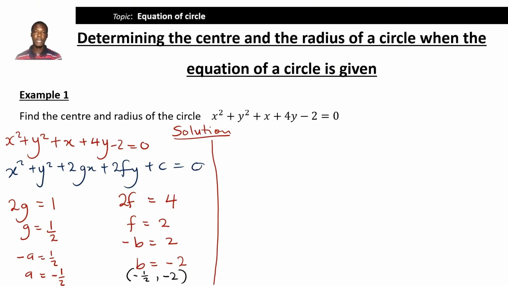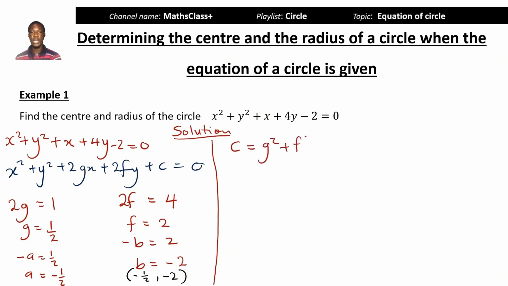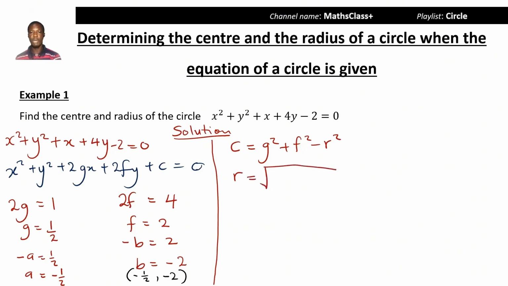Then, to get the radius, we have c is equal to g squared plus f squared minus r squared. So we can determine r as the positive square root of g squared plus f squared minus c.